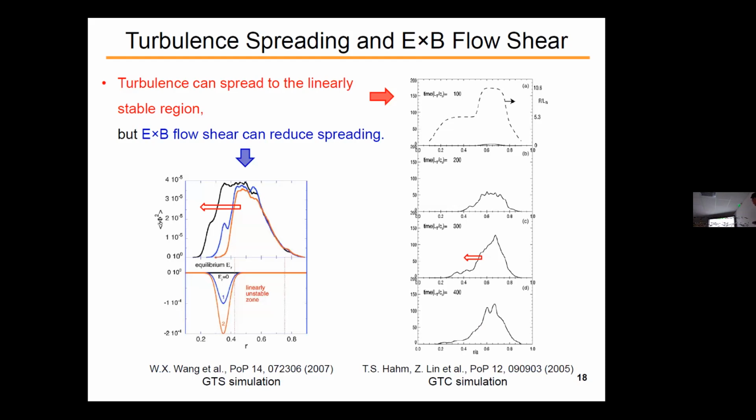But this example from a GTC simulation shows that turbulence can grow in the linearly unstable region first and propagate into the linearly stable region.